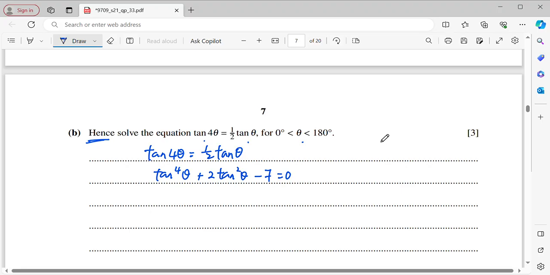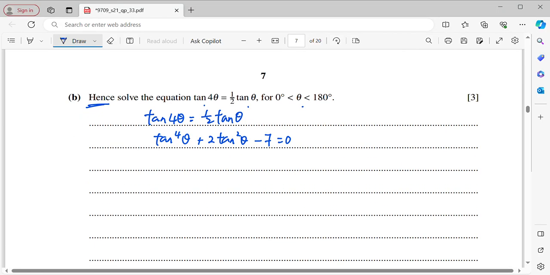So you can try to factorize this by assuming x equals to tangent squared theta, but unfortunately you cannot factorize this. Okay, I let x equals to tangent squared theta, then you can see clearly this is a quadratic equation.